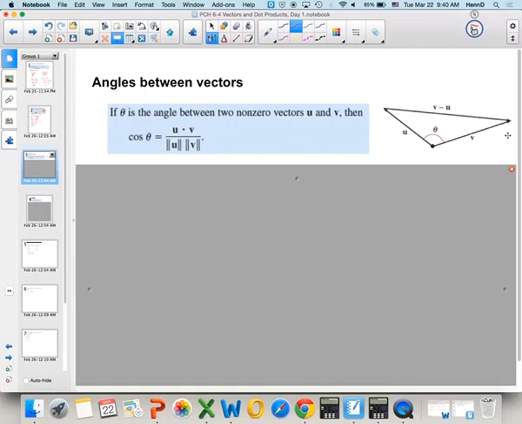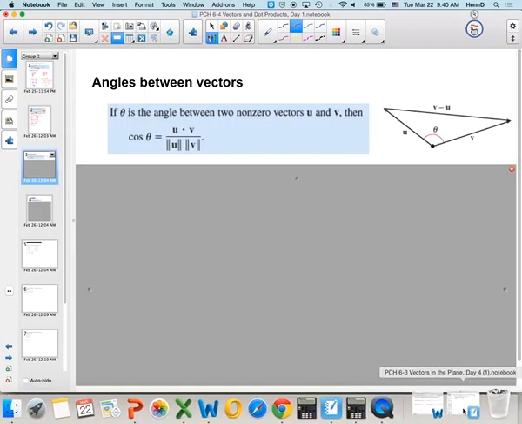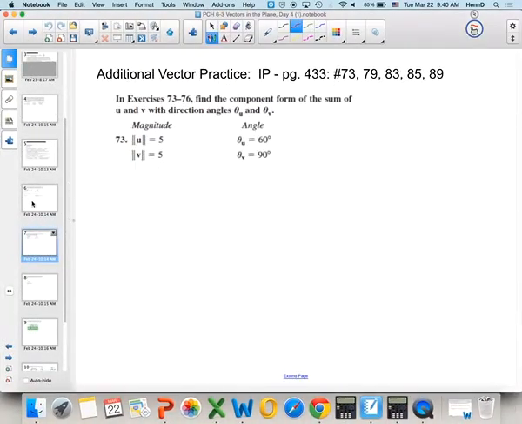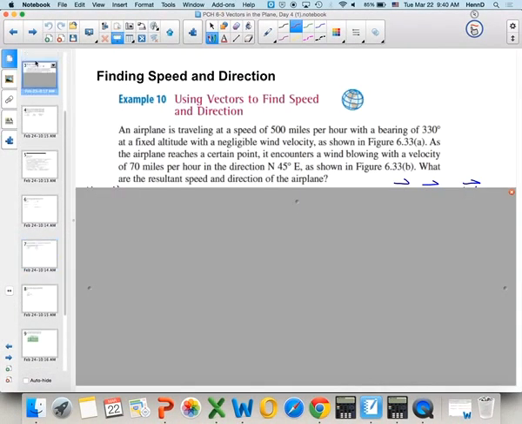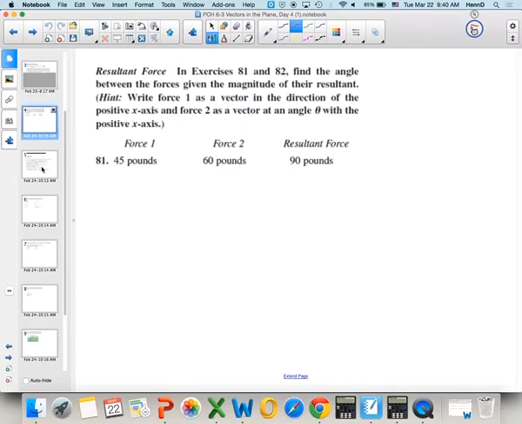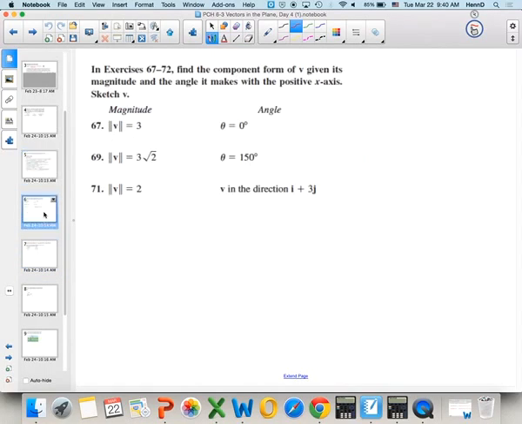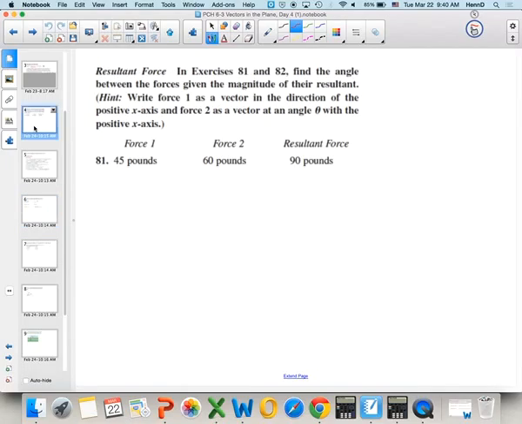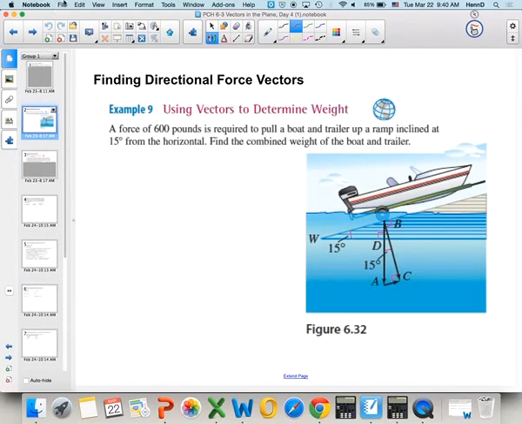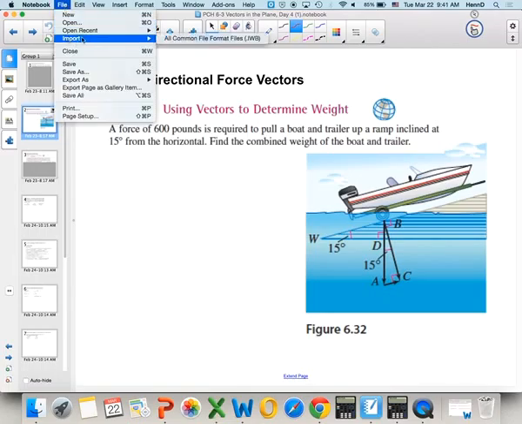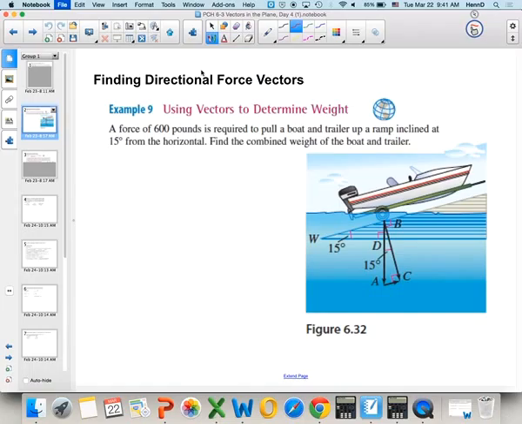The angle between vectors. You might remember yesterday we did a problem similar to this, okay? In fact, let's go back and look at it. We had, nope, not that one. Oh, where was it here? Was that on the original homework? Or was it on the previous day? I think it was on the previous day here.